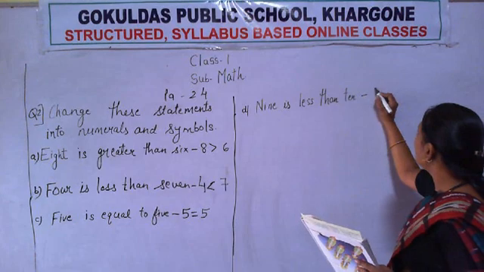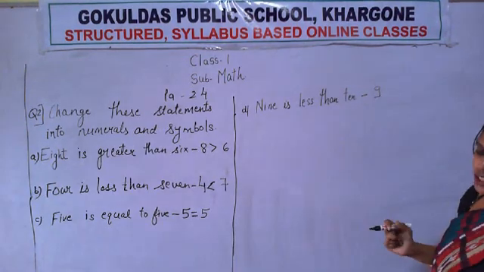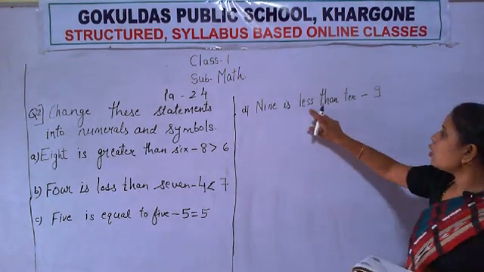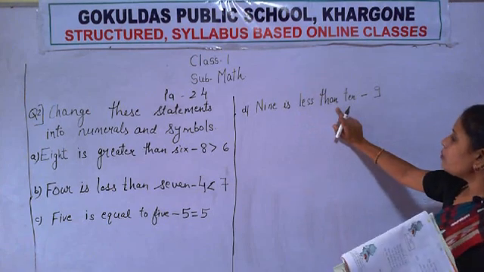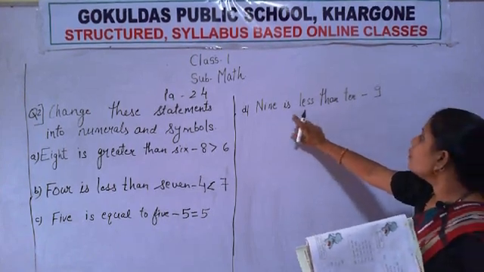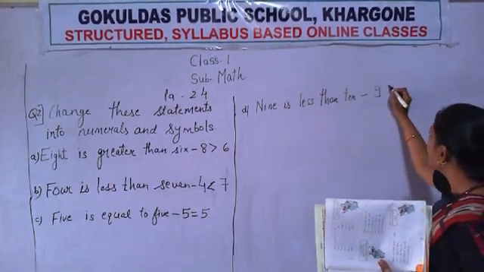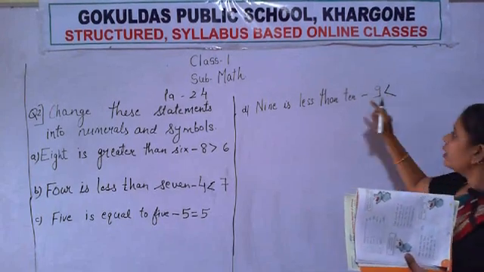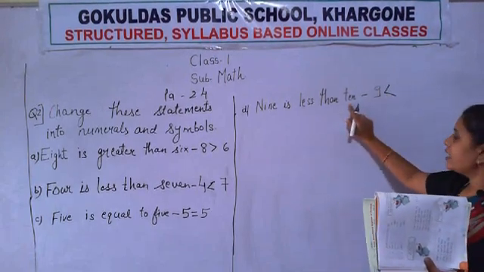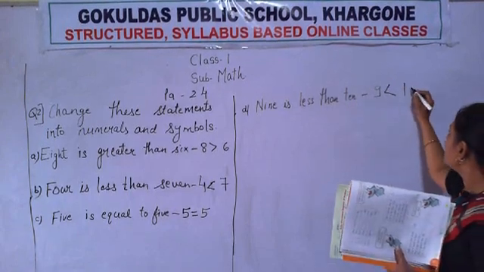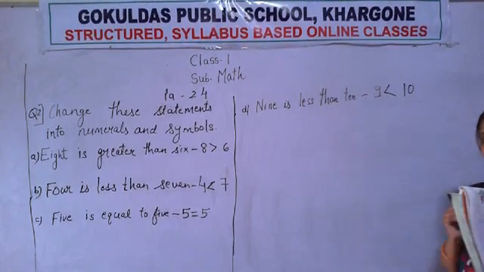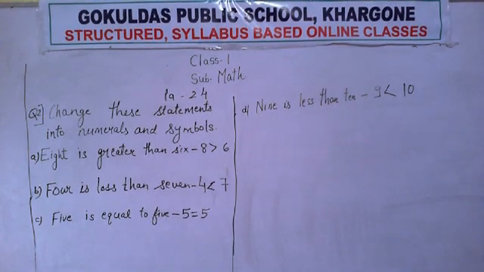So you have to write here 9. Now which symbol you have to make here? A symbol of less than. Symbol of less than is like this. Next is 10. So you have to write here which number? 10. Now understood how we are converting statements into numerals and symbols?